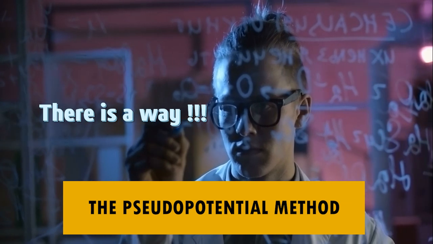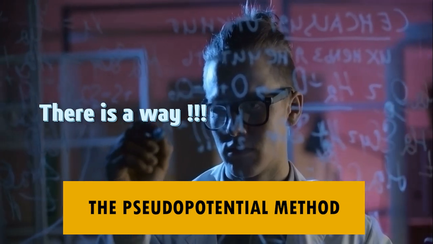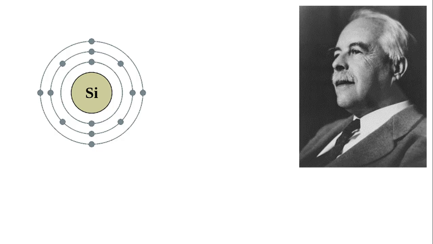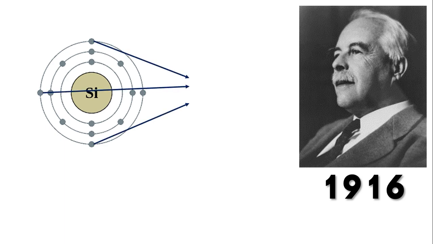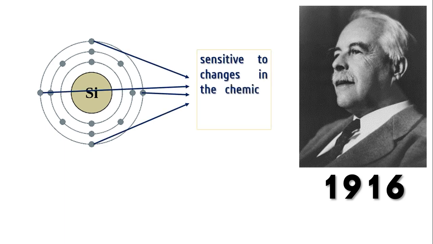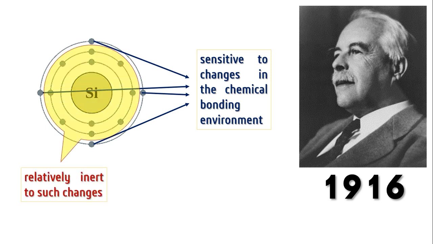Obviously, scientists have developed tricks to bypass this particular problem, and the method to do so is called the pseudopotential method. Once upon a time, well, maybe not that long ago, but long before the emergence of DFT, in 1916, Lewis had shown that the valence electron will be most sensitive to the changes in the chemical bonding environment, while the core electrons, which are located near the Coulomb singularity, will be relatively immune to such changes.